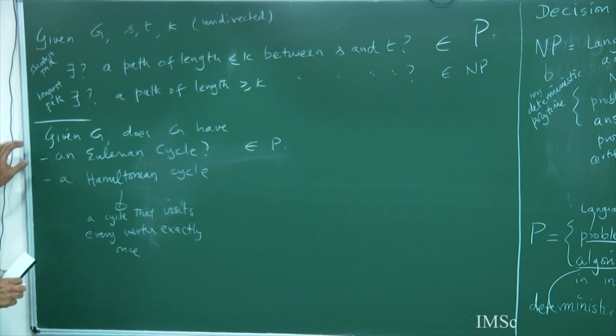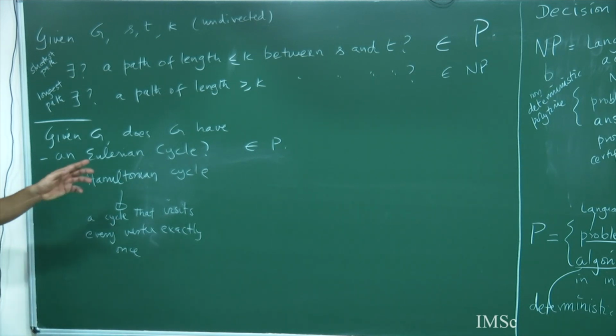See, for Eulerian, there is a very simple, nice characterization: every vertex has an even degree. You can even just check the degree of every vertex. Here, there is no such characterization. We don't know. So, is there a cycle that visits every vertex exactly once and comes back to where it started? I don't care about missing edges, but for that problem, we don't know an efficient algorithm.